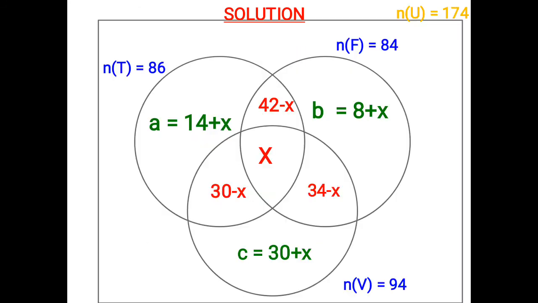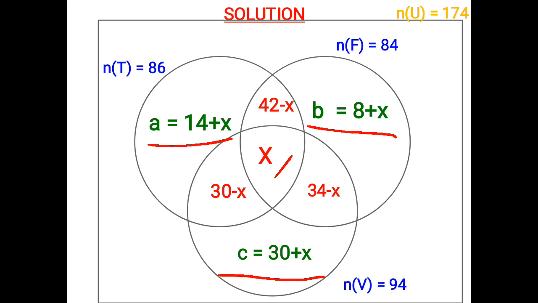So we redraw our diagram and then we substitute over there. So our a is 14 plus x, our b is 8 plus x, and then our c is 30 plus x. All right, so now the question says we should find our x, that is those who read all the 3 subjects. So how do we do that?